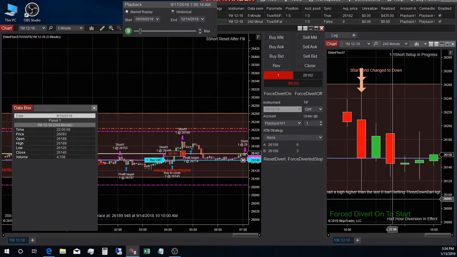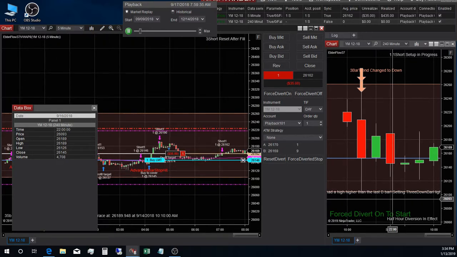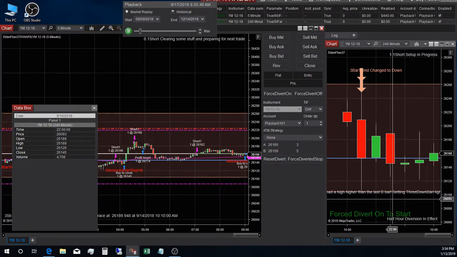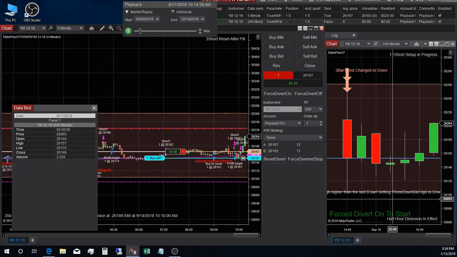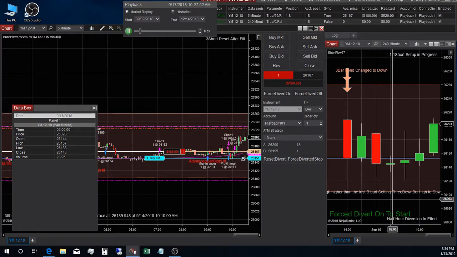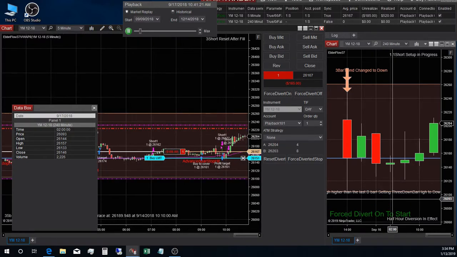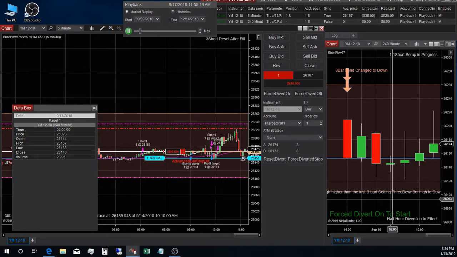If it's green, it will take longs. And keep in mind, you can use those modifiers to change that behavior. But if you don't use any of the modifiers, then this is what you get. Shorts red, longs green.